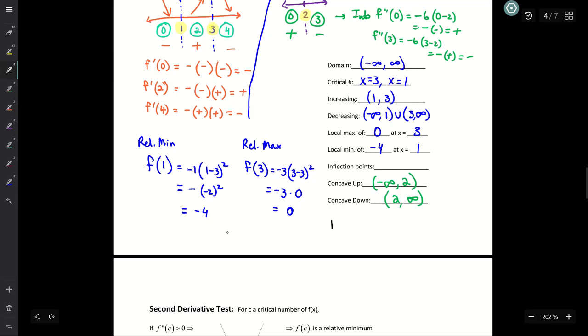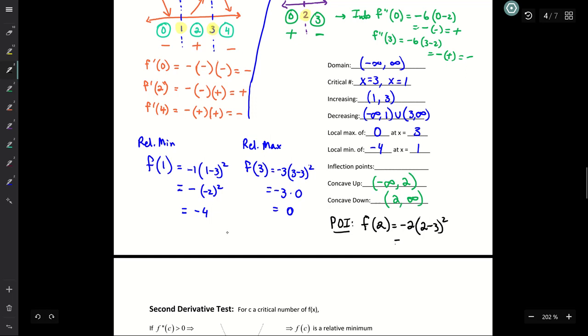So for your point of inflection, you would go back and evaluate f, the regular function f, at 2 in this particular situation. So that'd be -2 times (2 minus 3) all squared.